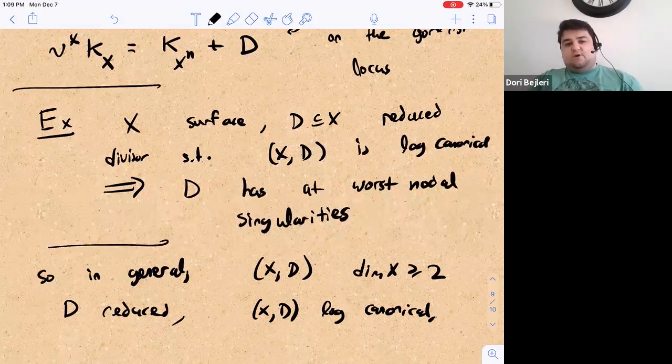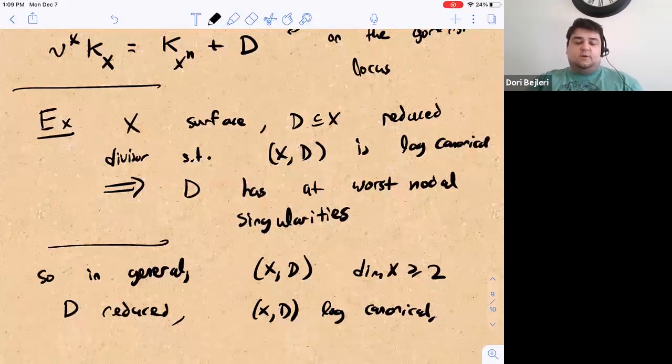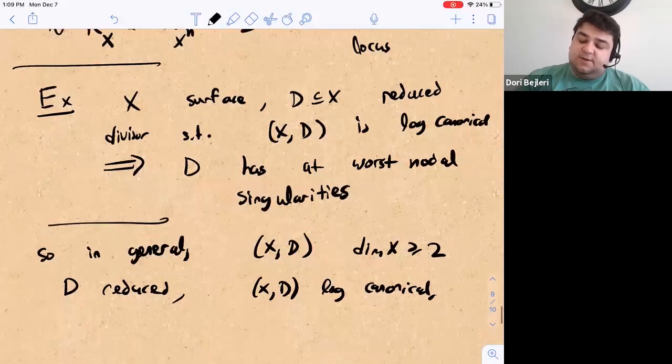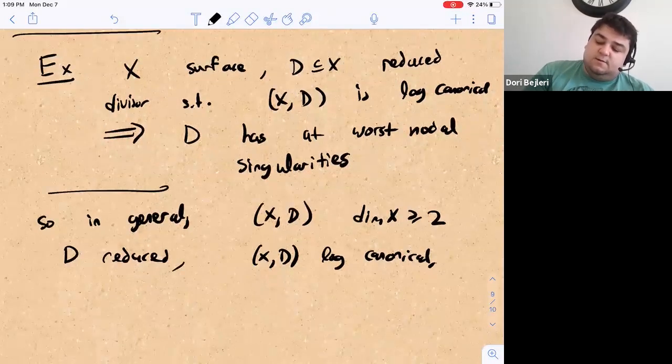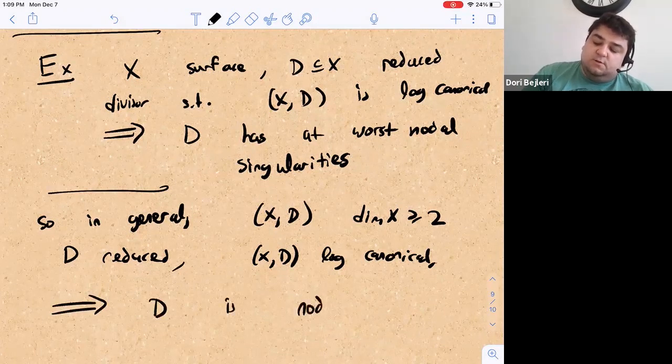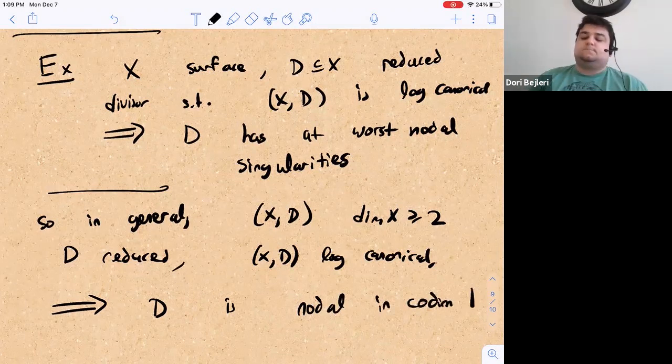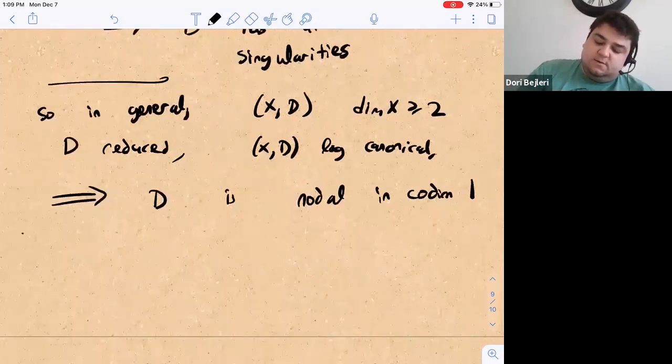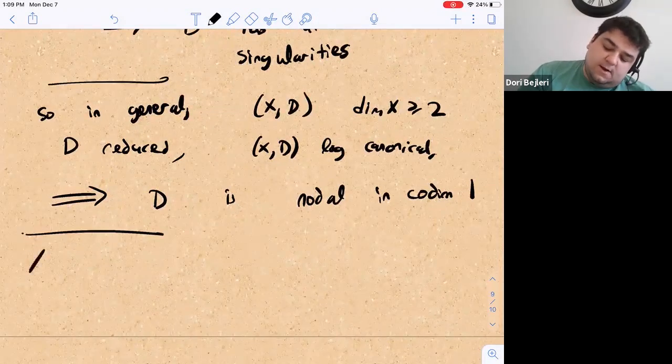So we see that at every codimension 2 point of X, D is at worst nodal, but codimension 2 points of X are codimension 1 points of D, and so we get that D is nodal in codimension 1. And so now we've pinpointed the class of singularities we want to look at. We want to look at an X.